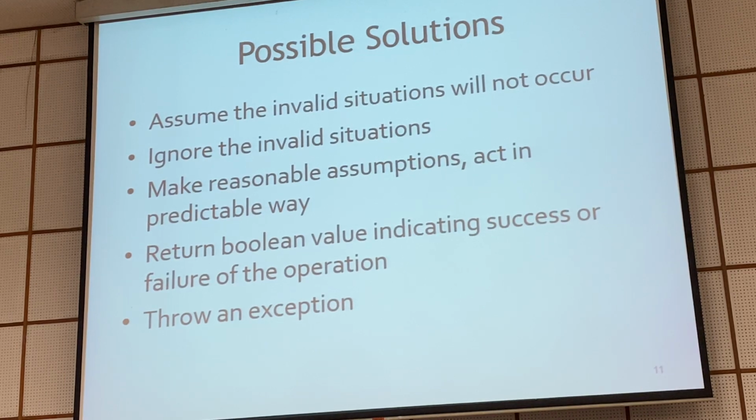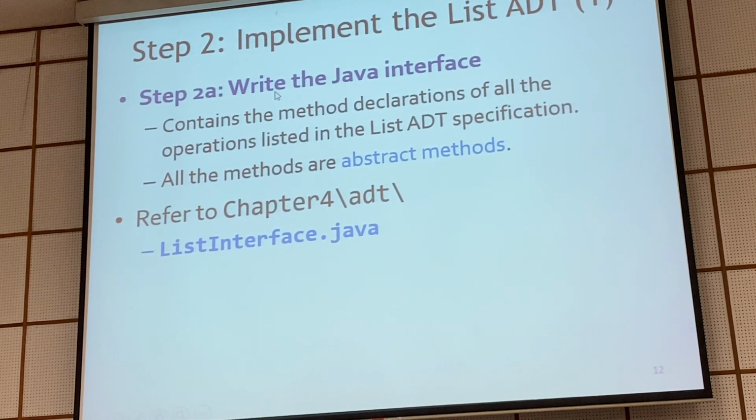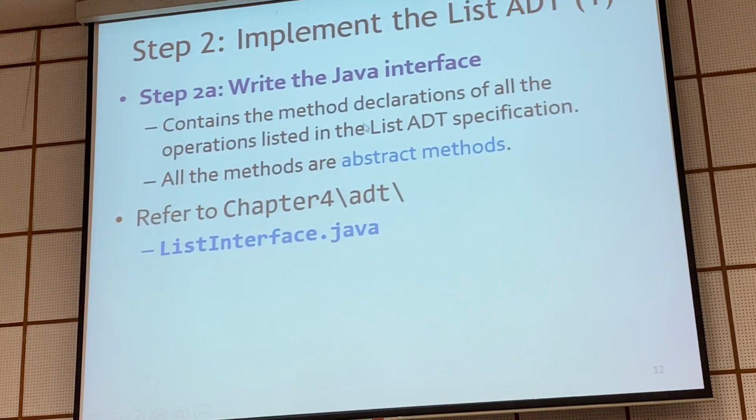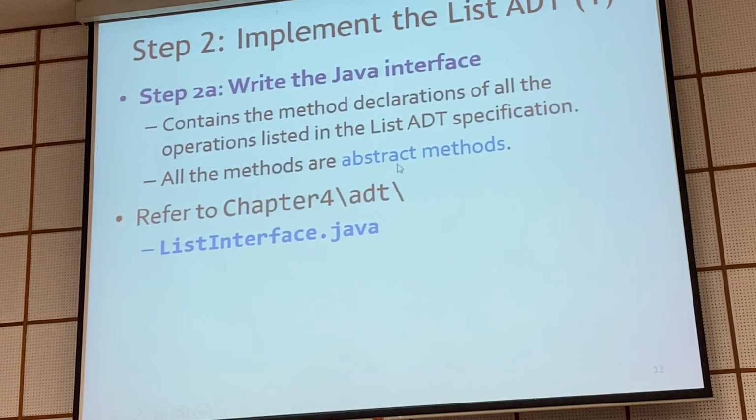Next part is that we're going to implement the list ADT. We're going to write our interface. In this interface, we take all the operations that we declared in our ADT specifications and declare them in our interface, so these methods are going to be abstract methods.